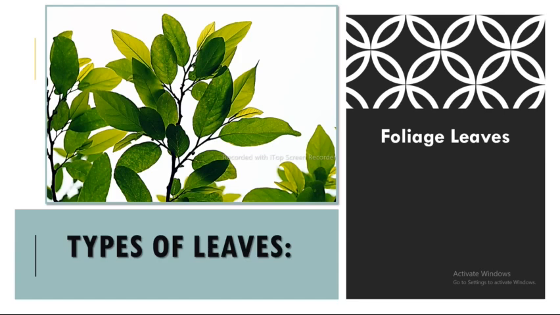So, types of the leaves. First type of the leaf is known as foliage leaves, which are ordinary green leaves and which are mainly concerned with gaseous exchange, transpiration, and photosynthesis. So these are ordinary leaves known as foliage leaves, as shown in the figure.